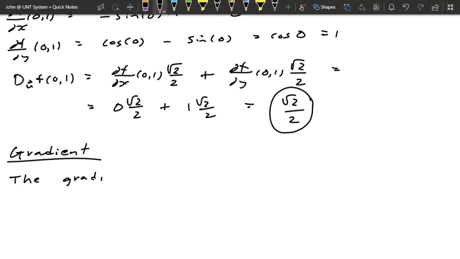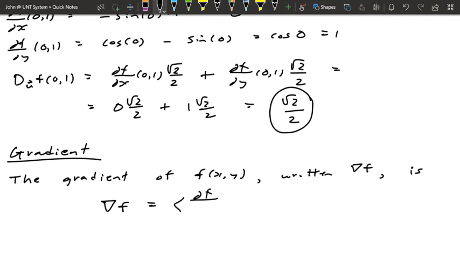So the gradient of a function f, which is written with this upside down triangle, would be the vector function whose components are the partial derivatives of f.